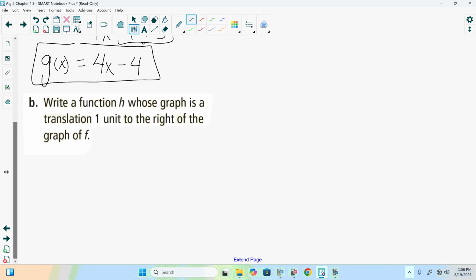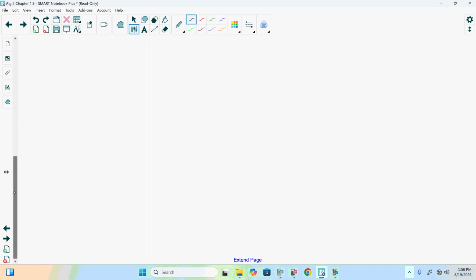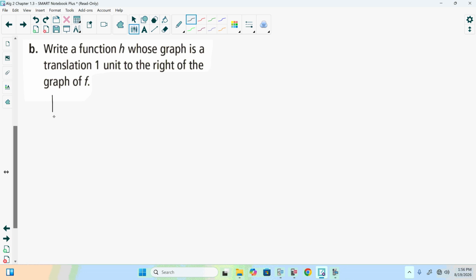All right. For the next problem, we still need the fact that f of x is equal to 4x minus 9. But this time we're translating it 1 unit to the right. And just like the last so many, they want us to call it h of x.